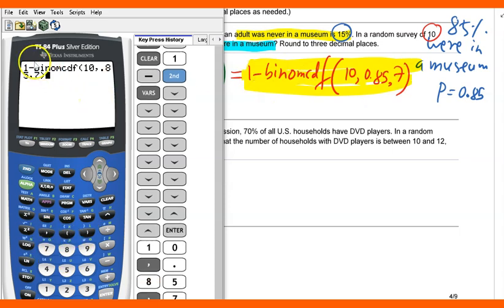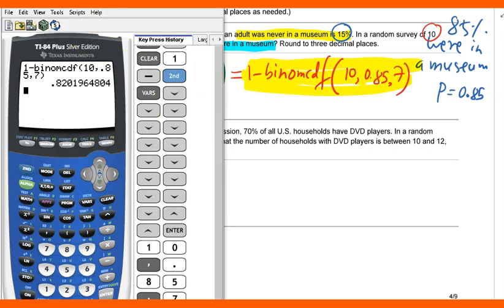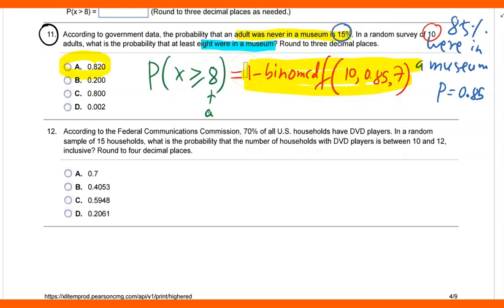That's everything over here. Press enter, you get 0.82019, and the question asks you to round to 3 decimals, so the answer must be 0.820. Okay, that's the answer.